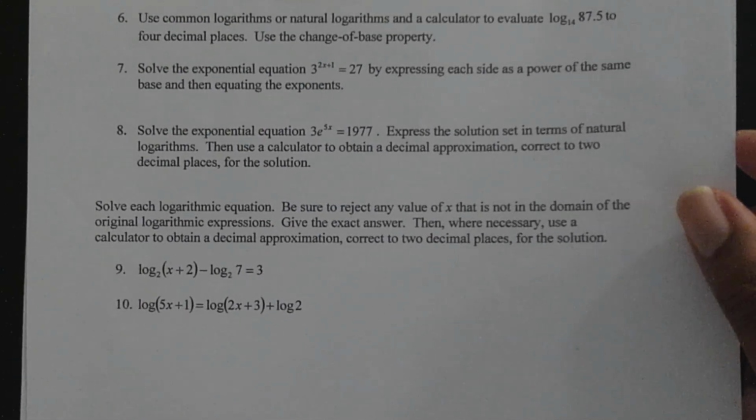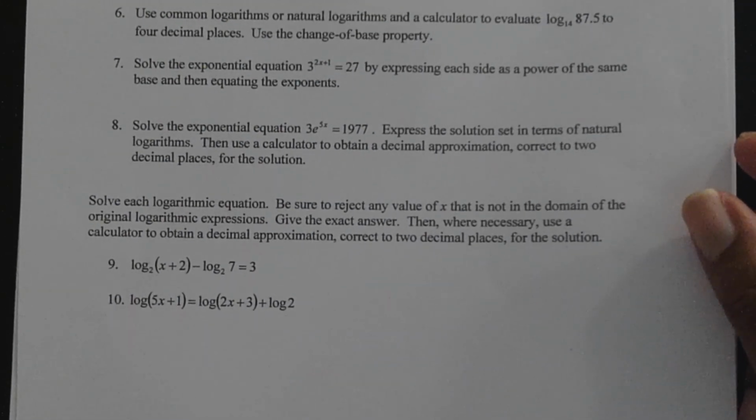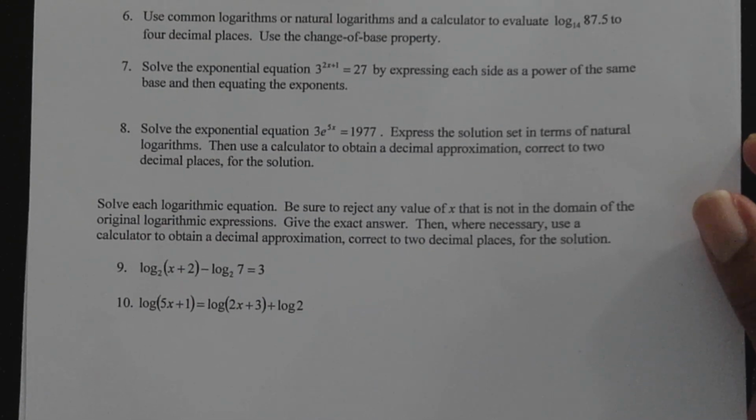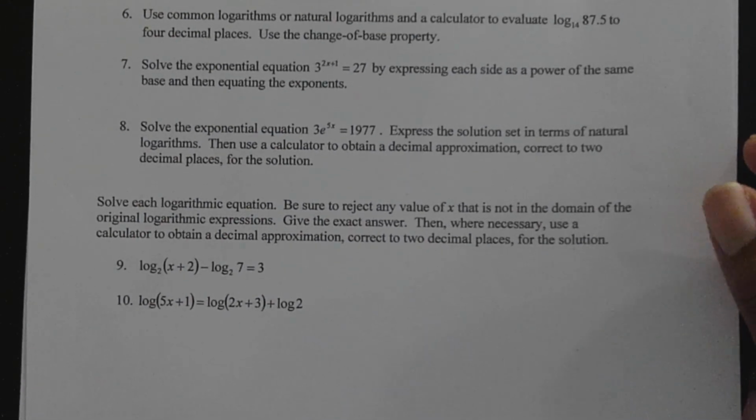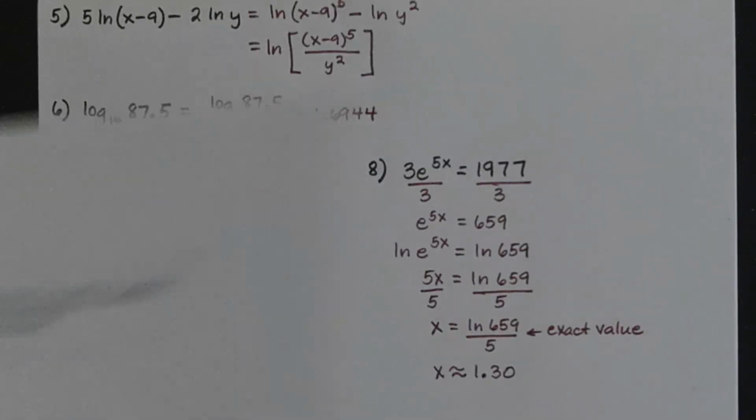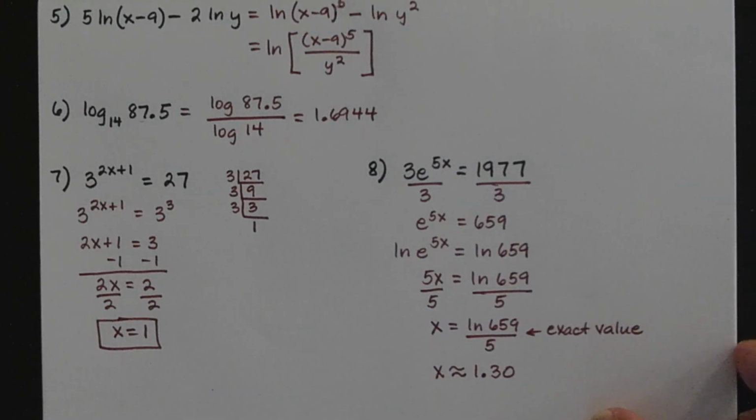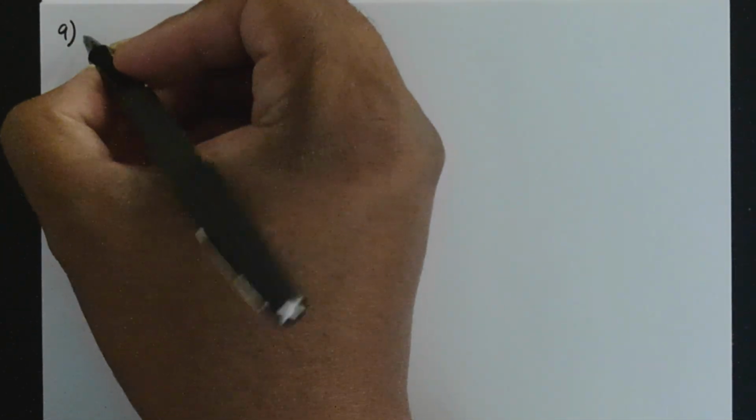Give the exact answer, and then whenever necessary, use a calculator to give a decimal approximation to 2 decimal places for that solution, okay? And these are the ones you have to do the check. So in your exam, I will be looking for not only the answer, but the part where you have to check your proposed solutions, because these are logarithmic equations.